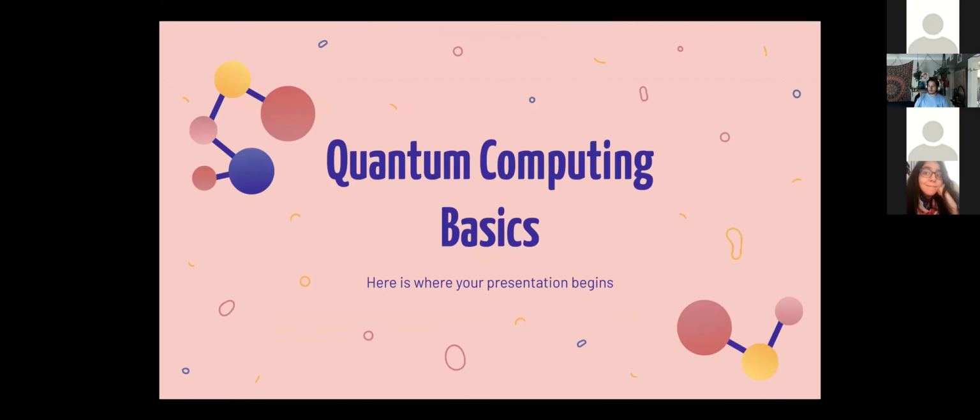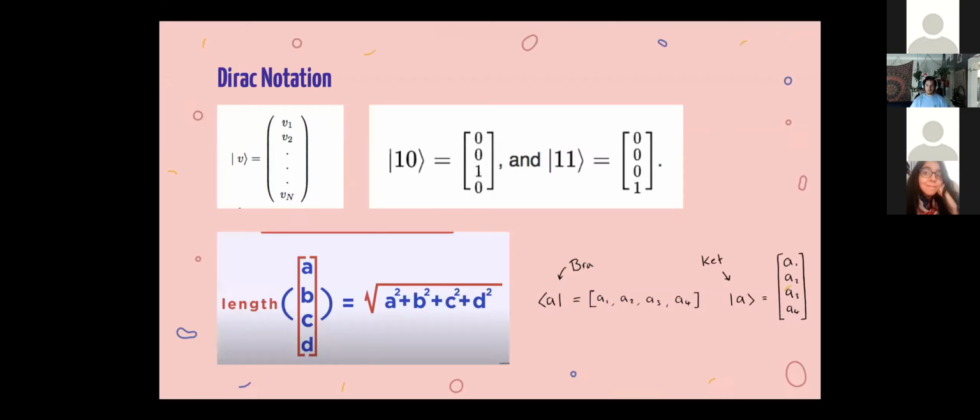Firstly, I just wanted to go over some of the math that we learned in quantum computing, specifically Dirac notation, which is a way of simplifying qubit vectors into a notation that makes them a little bit easier to work with.